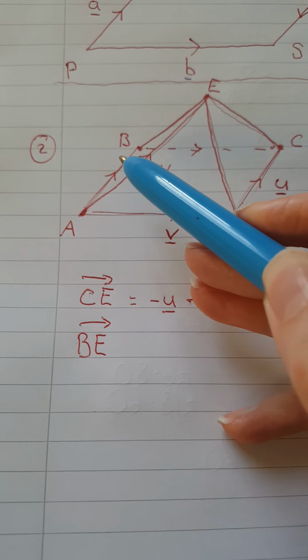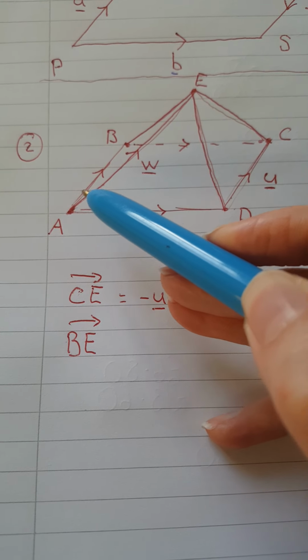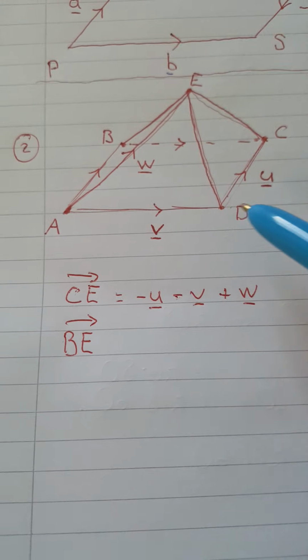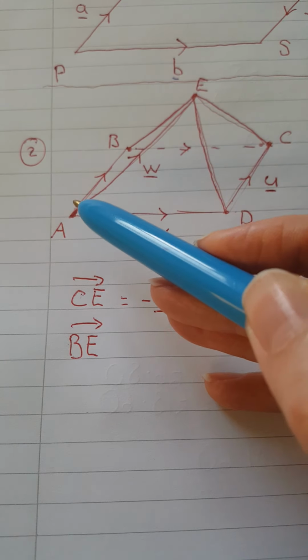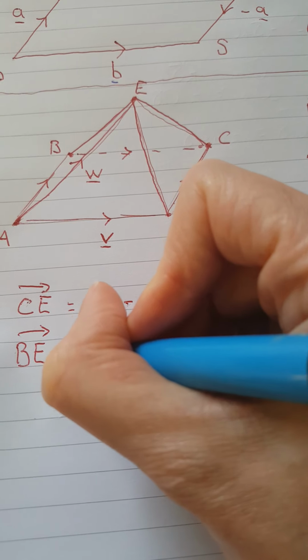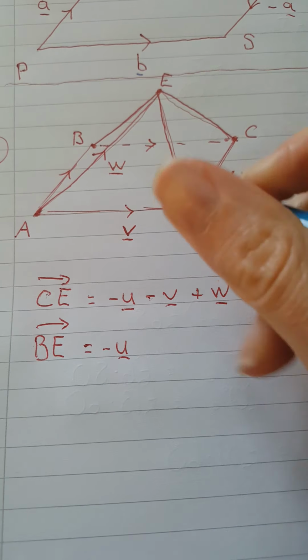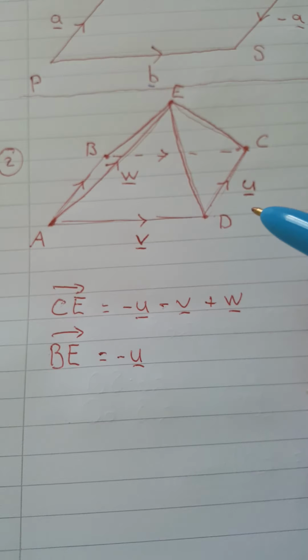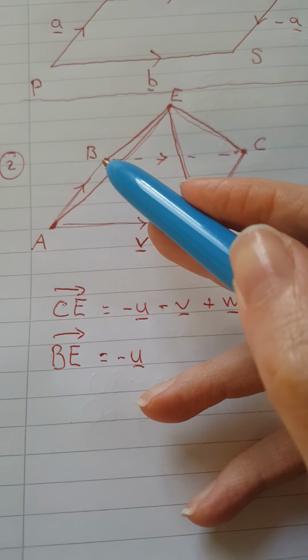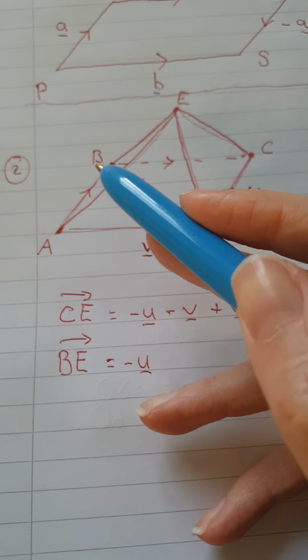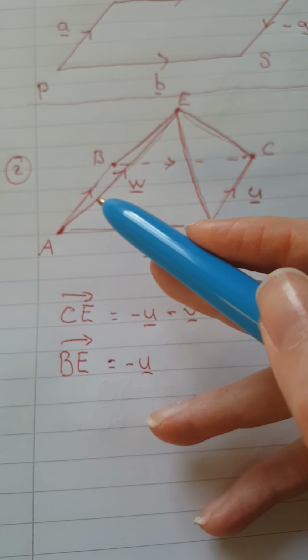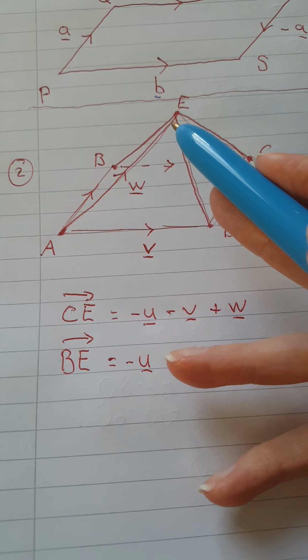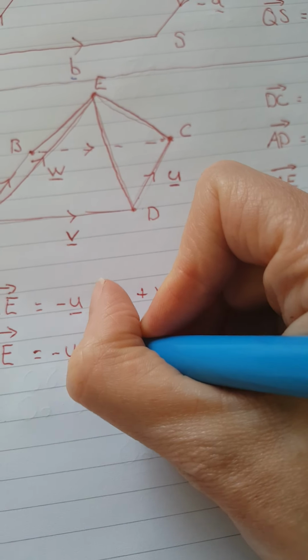This time I would go down here, which is the same as this vector but going in the opposite direction, so it's minus u. This one's parallel to u but going in the opposite direction, so going from B to A it's minus u. And then I would just go straight up w, so that would be plus w.